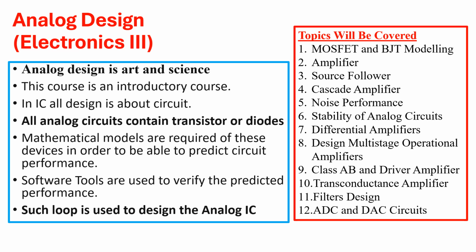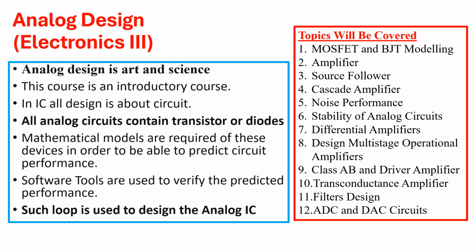Then we discuss source followers. A source follower is a common source MOSFET amplifier configuration that provides voltage buffering with high input impedance and low output impedance.